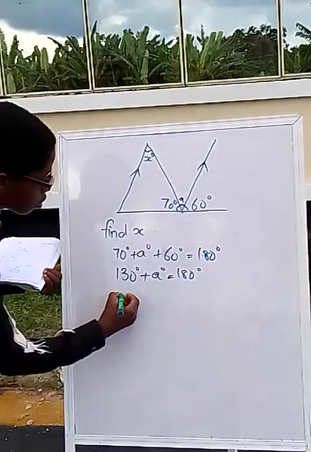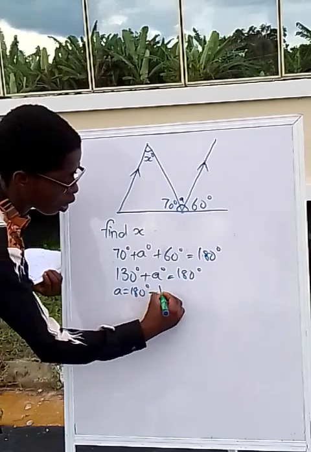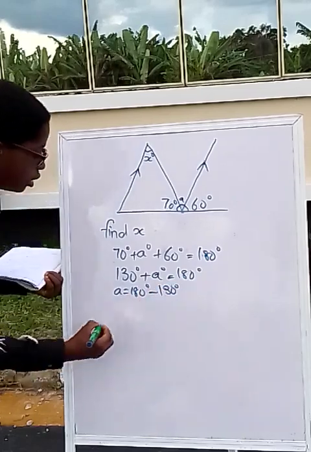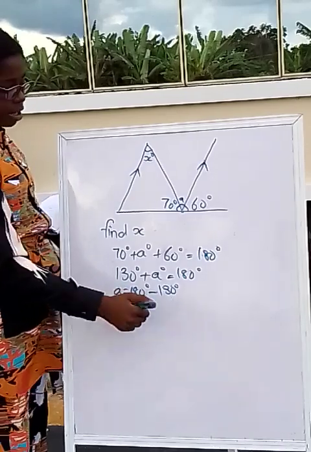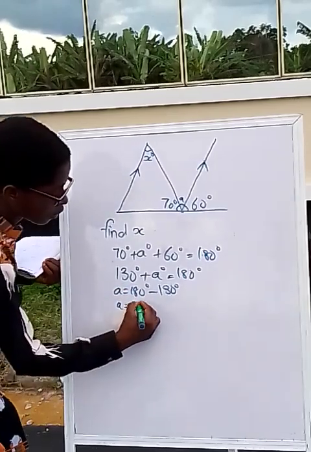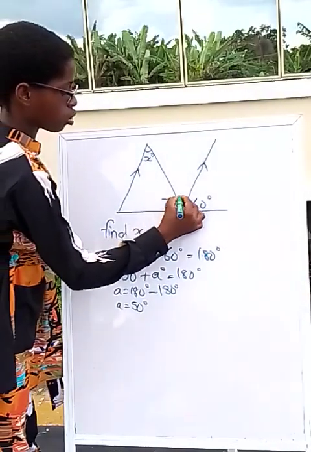So our a is equals to 180 degrees minus 130 degrees, which is 50 degrees.